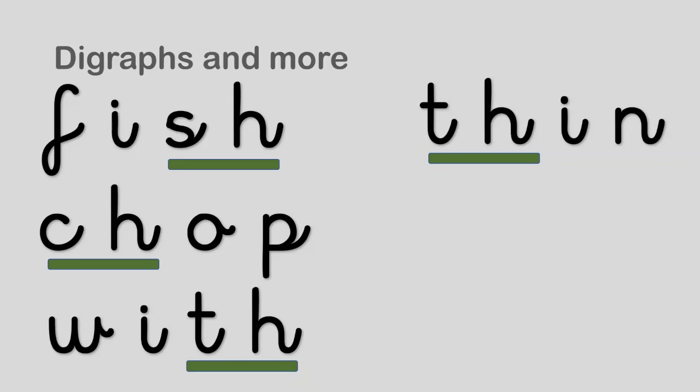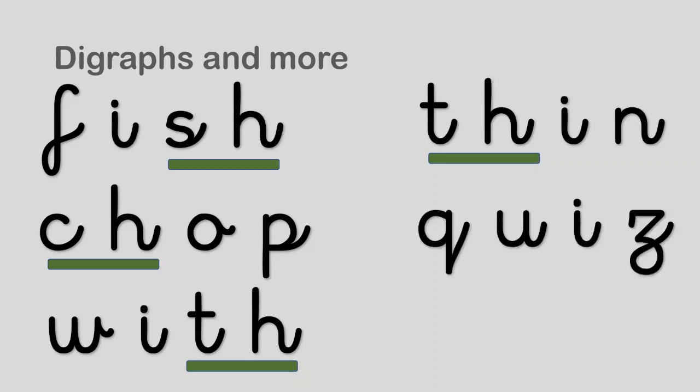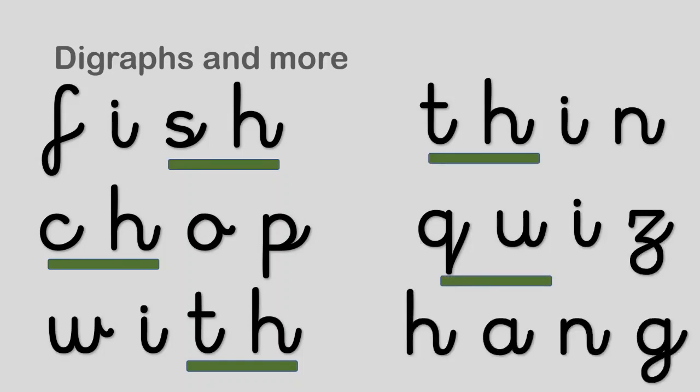They are 2 different phonemes. One is voiced, one is unvoiced. Our mouth is in the same position, but to the children, they sound completely different. They are 2 different phonemes. In the word quiz, we have qu, i, z, quiz. In the word hang, we have h, a, and the N and the G make the sound ng.